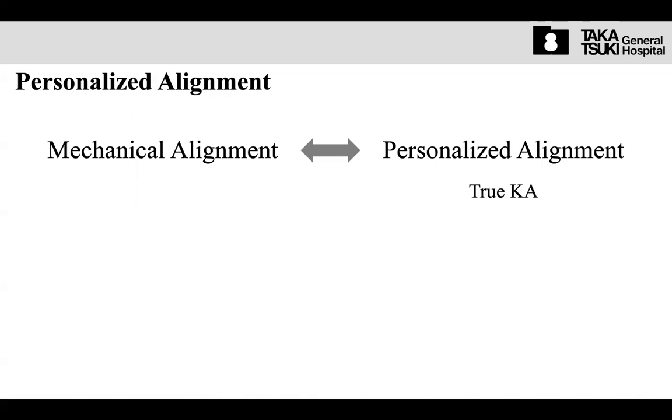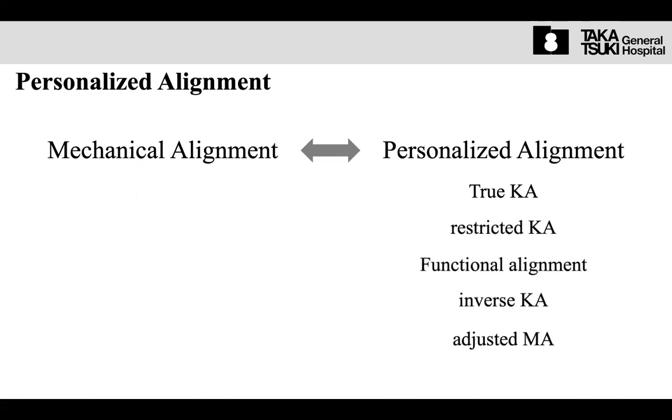It includes true kinematic alignment, restricted kinematic alignment, functional, inverse KA, and adjusted mechanical, which means cutting the tibia perpendicular to the tibial axis. But in terms of the femur cut, a slight varus is accepted, around plus or minus 3 degrees.